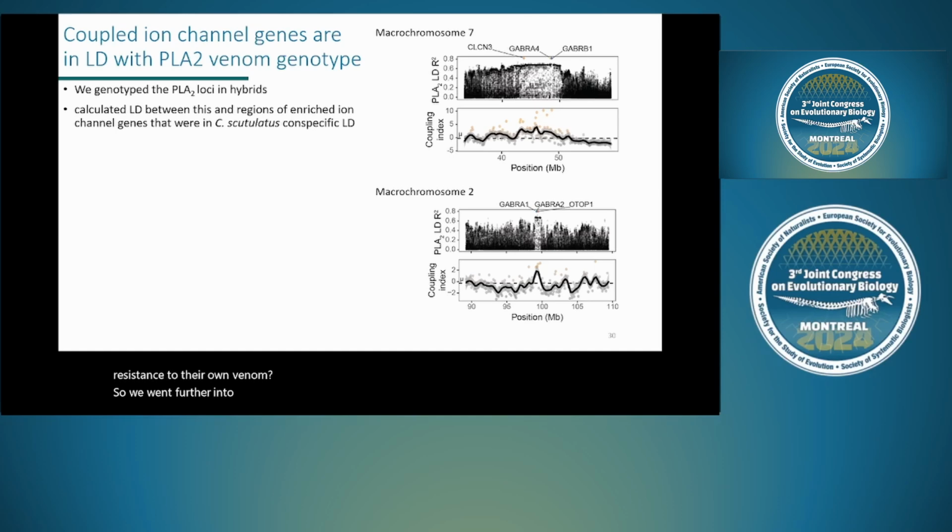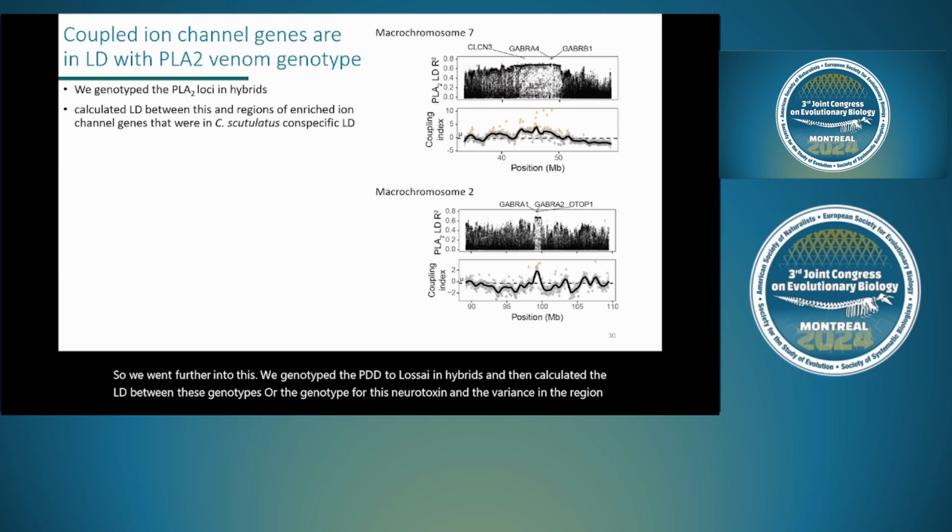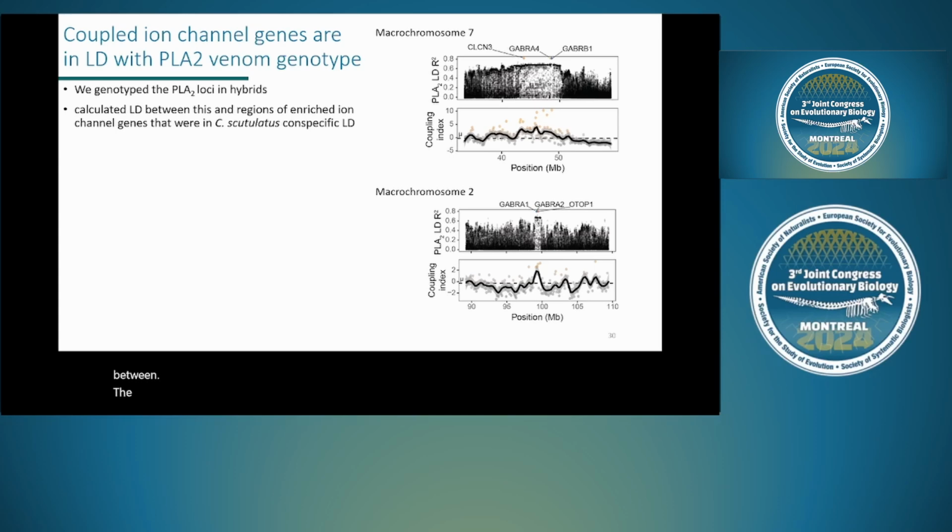We genotyped the PLA2 loci in hybrids and then calculated the LD between these genotypes, so the genotype for this neurotoxin, and the variance in the region surrounding those ion channel genes. And that's the top panels that you can see here. You can see that LD is actually through the roof in the region that contains those ion channels, and also between the regions containing those ion channels.